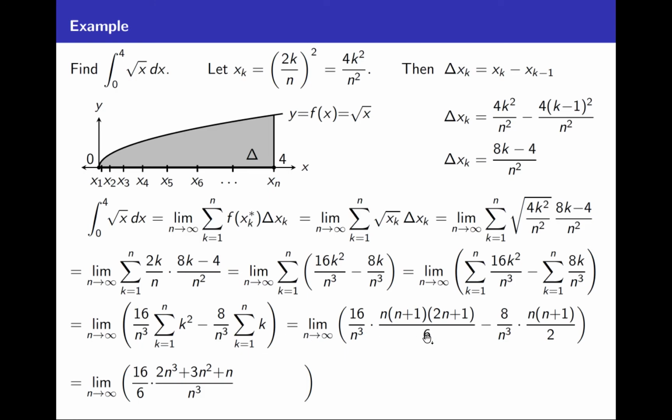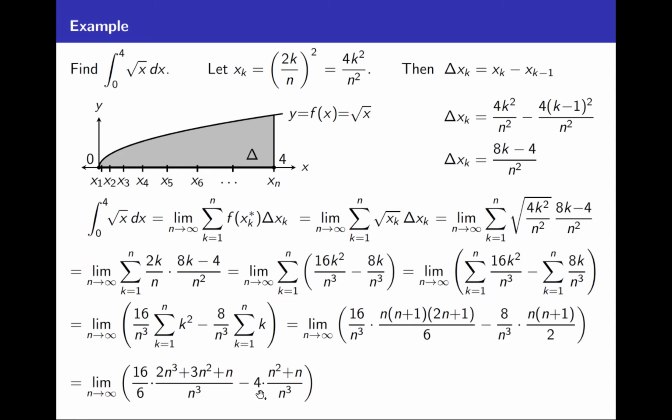In this first term, let me get the 6 over here under the 16. I'll scoot that n cubed under the other n's here. So we get the limit as n goes to infinity of this expression minus, and let me put that n cubed over here and bring the 2 underneath, so 8 over 2 is 4.